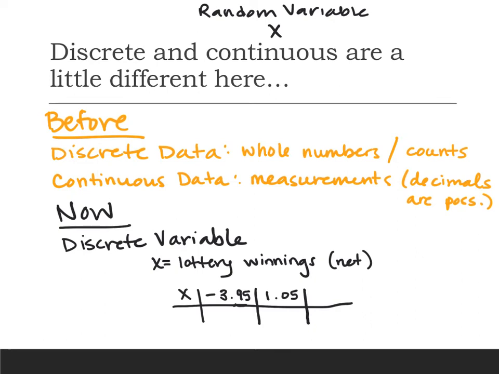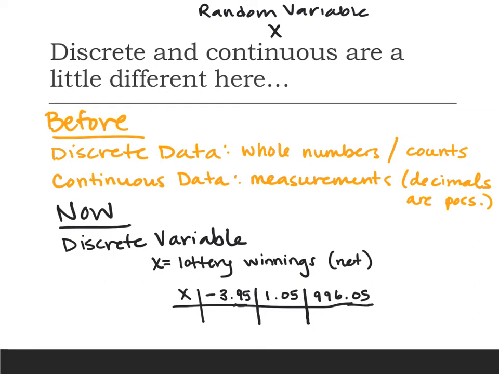Or maybe you win the jackpot and it's $1,000, but of course you're not really winning $1,000 because you spent $3.95. It would be $996.05. Right? Yes, $4 and a nickel. So there we go.